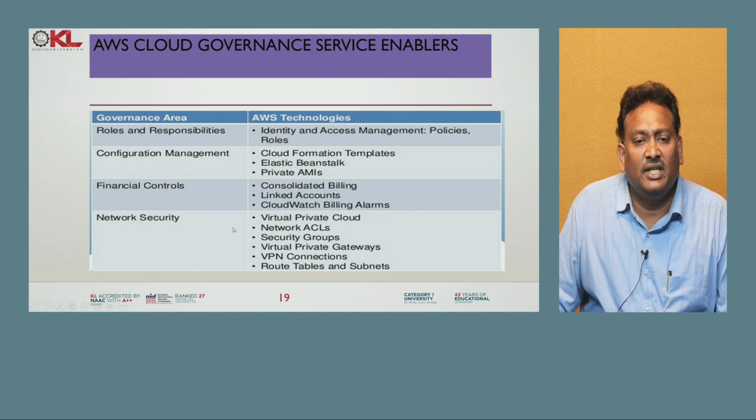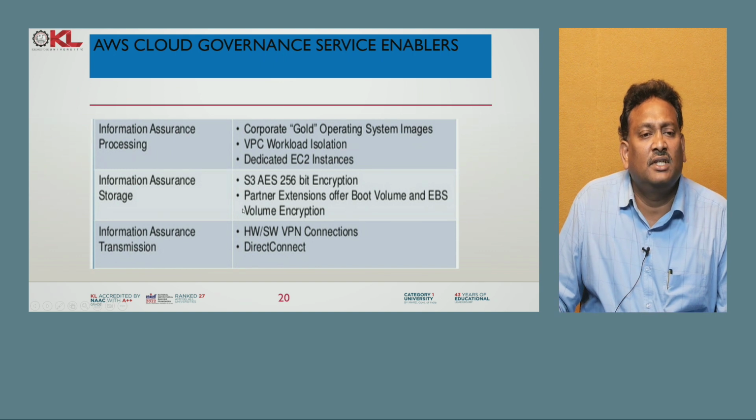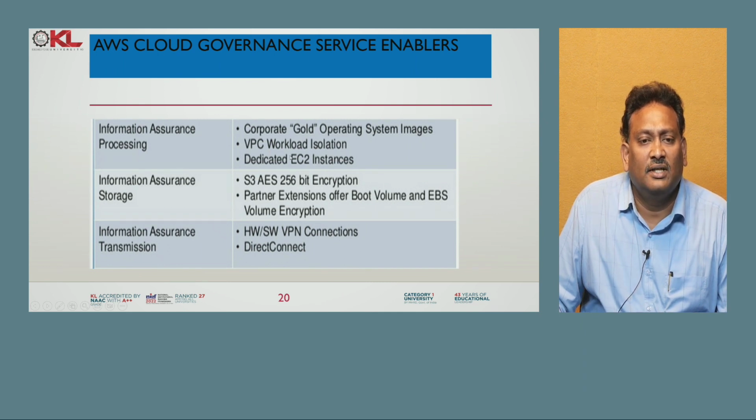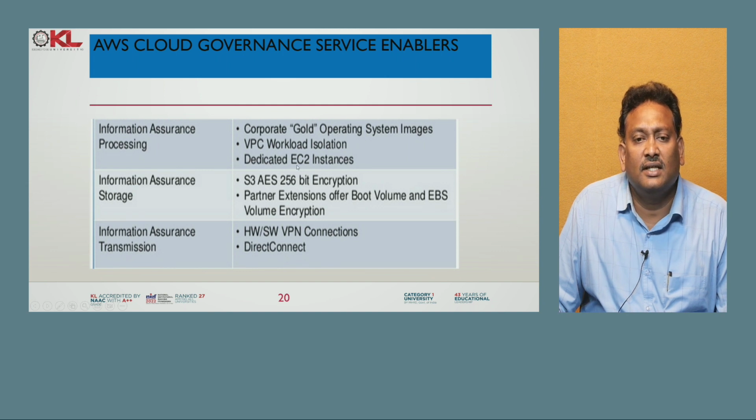For network security, virtual private cloud, network access control lists, security groups, virtual private gateways, VPN connections, route tables and subnets. For information assurance processing, we have corporate gold operating system images, virtual private cloud workload isolation, dedicated EC2, Elastic Compute Cloud instances.